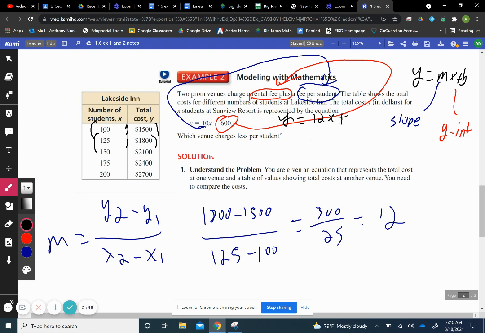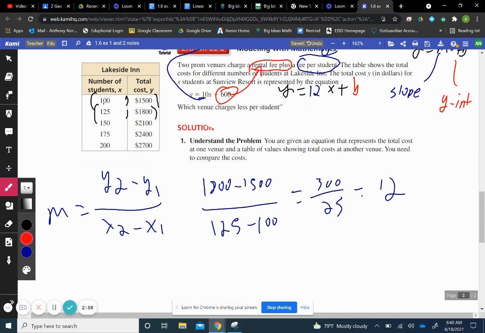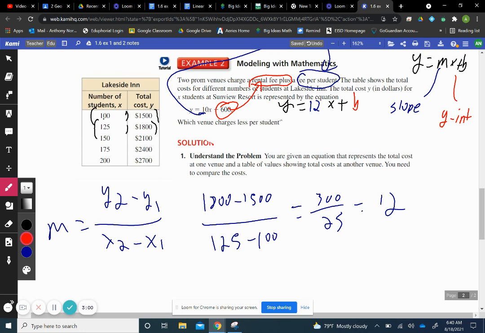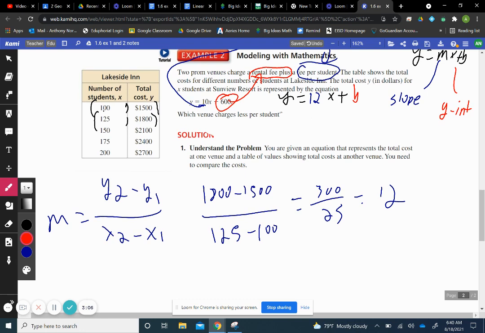So we're going to do some maths to figure out what this b is. Right now it's b, the y-intercept. We already figured out m. We're looking for b. We have an x and a y. All we're going to do is take one of our coordinates and plug it into the x and y.